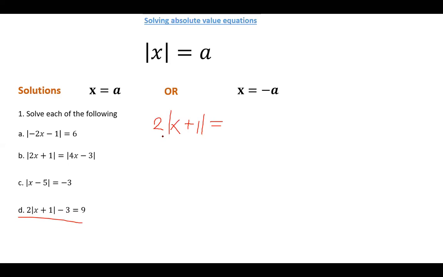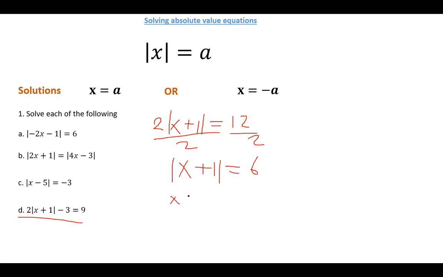You add it on both sides of the equation. You have 9 plus 3 there, which gives you 12. So when you divide by 2 this side, divide by 2 this side, you get 6 this side.